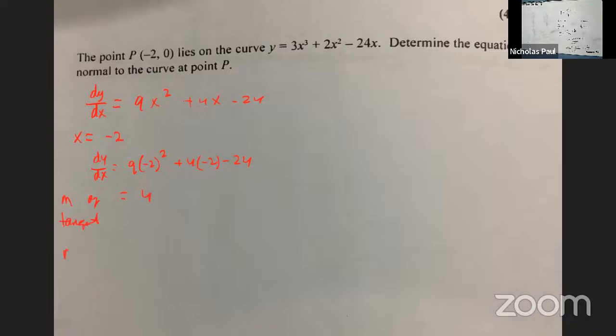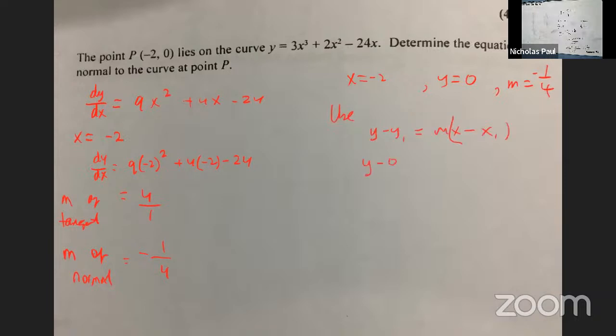Now we want to get the gradient of the normal. So all we have to do is flip the value over and change the sign. So it becomes negative 1/4. So we're going to use x is minus 2, y is 0, gradient is negative 1/4. We use it in y minus y1 is m by x minus x1.